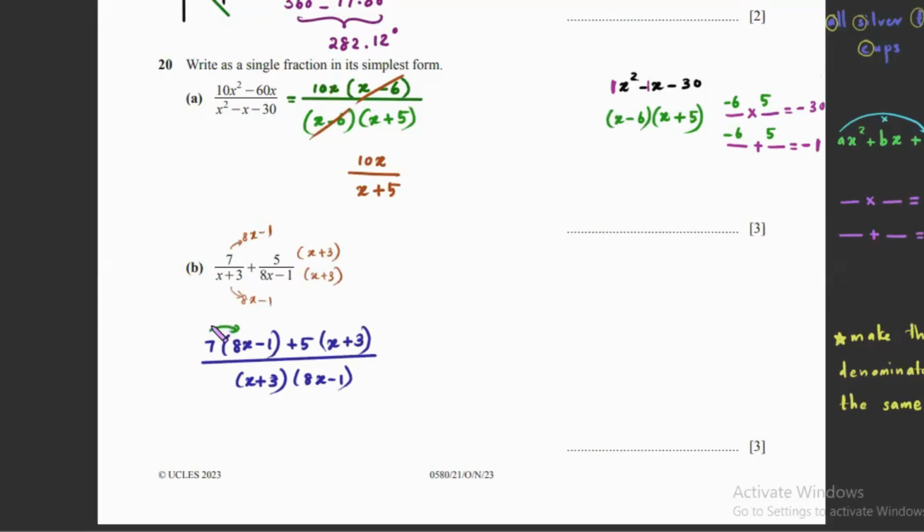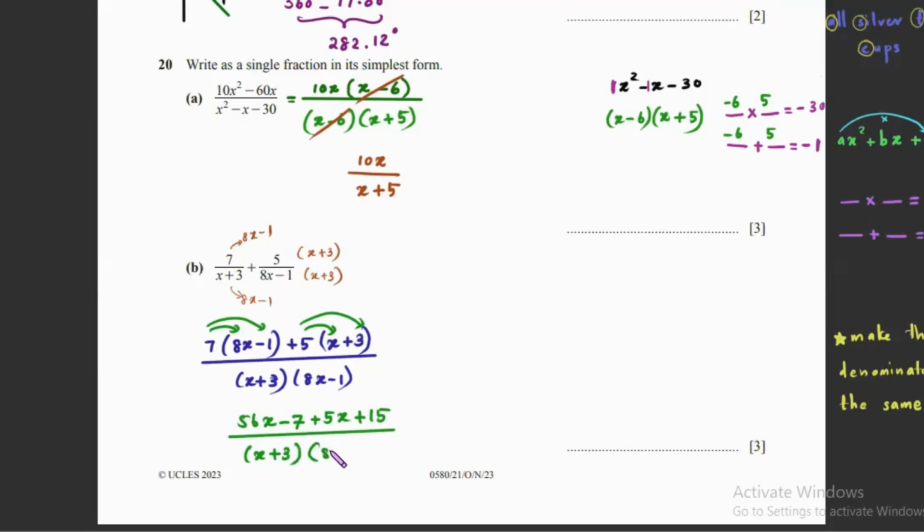When I expand this, I get 7 times 8x, which is 56x, and then minus 7, so 56x minus 7. Then using this 5, I expand the bracket, which is plus 5x plus 15, over the denominator, which is x plus 3 and 8x minus 1.